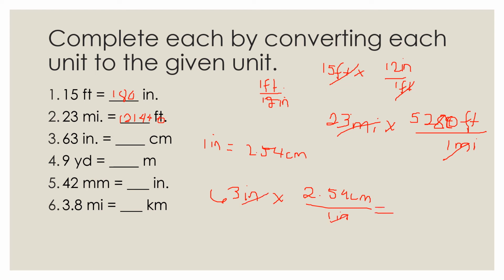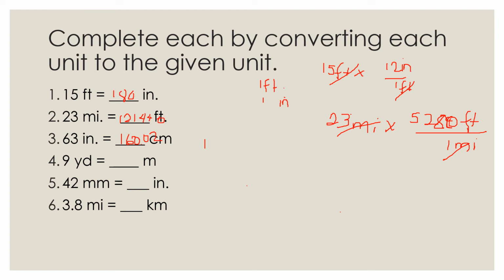Using your calculator, 63 times 2.54 equals 160.02. Okay, get it? Let me erase the space. Sometimes I leave space so I can show you how to solve. Okay, this one is good.